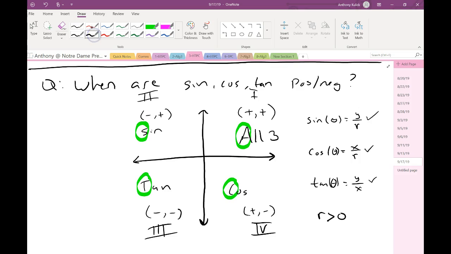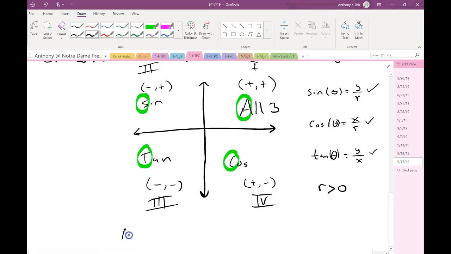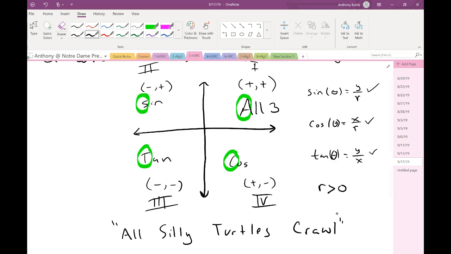Or you can make up your own acronym there. But it's just an effective way to remember which function is positive in each quadrant. If you don't like that acronym, I'm sure you can come up with something more creative. This is the one that I remember from my high school.